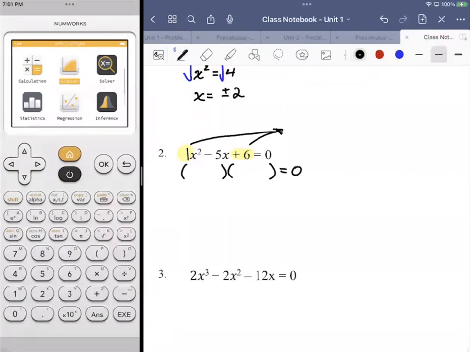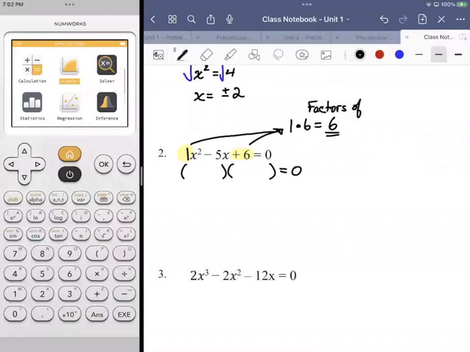So I'm going to take the 1, multiply it by the 6, and that's going to give me a 6. I want factors of 6. Those factors are any numbers that will multiply to 6. Well, we already have one pair because that's how we got the 6 to begin with.